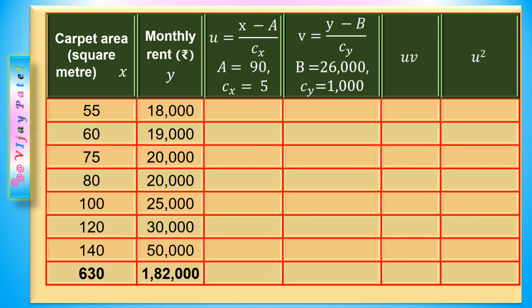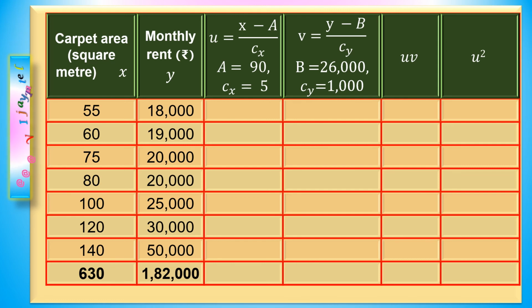Carpet area in square meter is denoted by variable x, monthly rent in rupees is denoted by variable y. Here we have to form 4 columns: u, v, uv and u square, where u is equal to x minus a upon cx, where a is equal to 90 and cx is equal to 5. V is equal to y minus b upon cy, where b is equal to 26,000 and cy is equal to 1000.